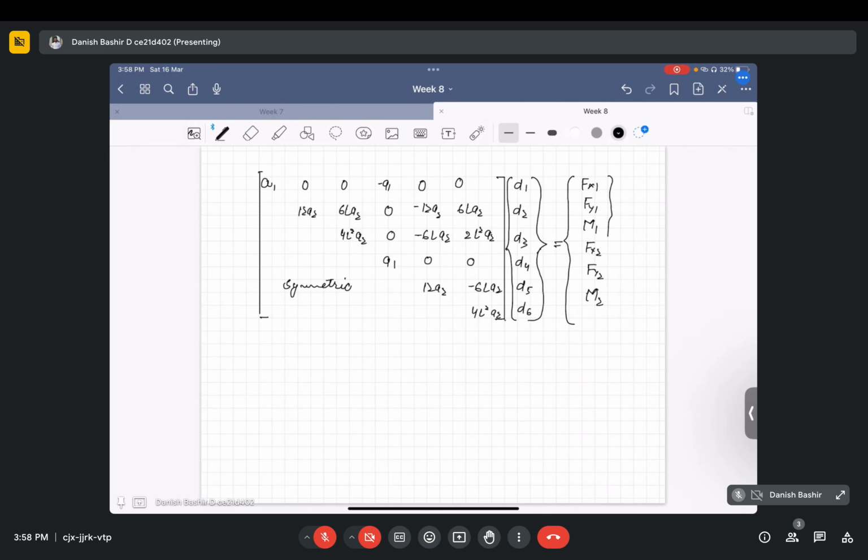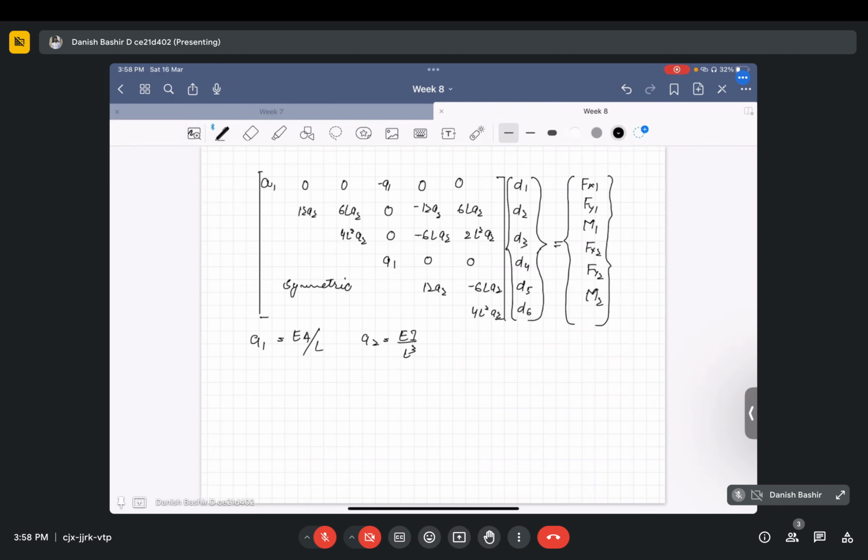In this system I have used the constants A1 and A2, where A1 is equal to EA by L and A2 is equal to EI by L cube. This is from the axial and bending deformations.